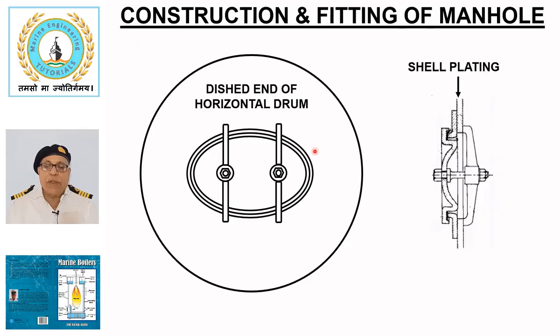An elliptical hole is cut in the shell plating to provide the manhole. Cutting of the manhole results in loss of strength of the shell plating, which is compensated by attaching a compensating ring by welding, which provides the seating face for the door.